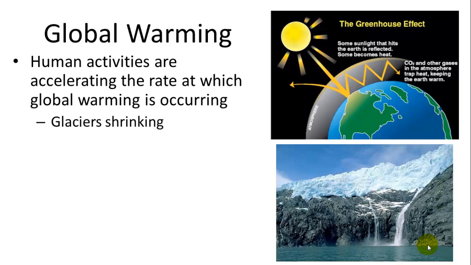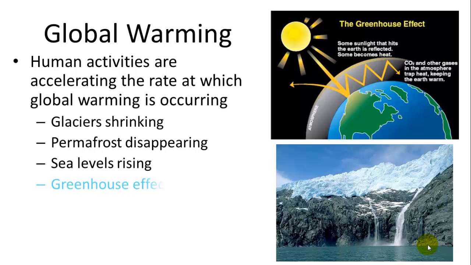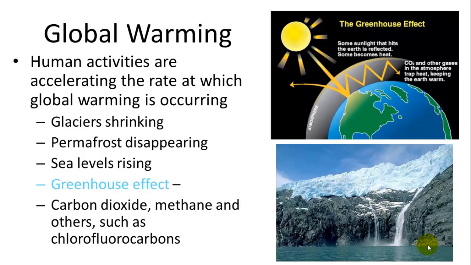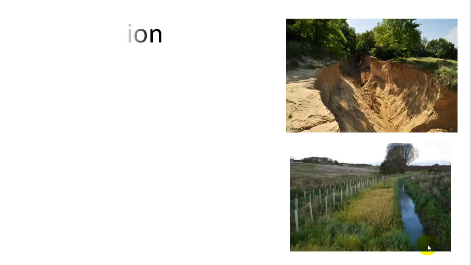Some of that evidence includes the shrinking of glaciers and polar ice caps, the melting of permafrost in our biomes, such as the tundra and taiga, the rising of sea levels, and the experimental evidence showing the greenhouse effect, where certain gases cause the heat of the sun to reflect back down rather than escaping into the atmosphere. Those include gases such as carbon dioxide and methane, which are increasing in the atmosphere.